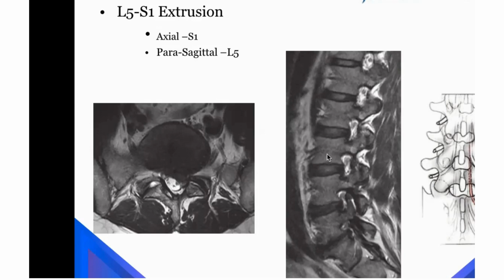But when you take a section from the foramen, we see that this extrusion is not only limited to the central paracentral area, it is also extending into the foramen, and it is compressing the traversing root and the exiting root over there, L5.